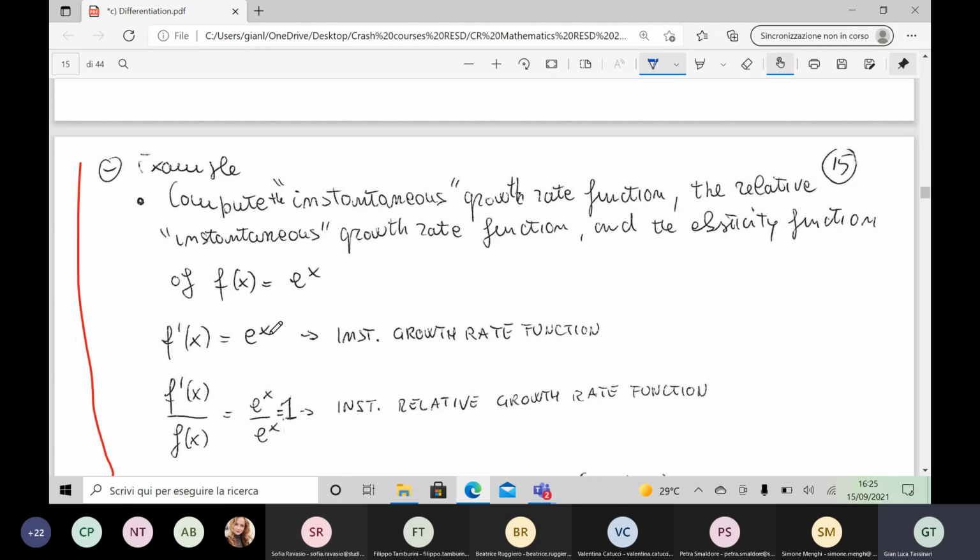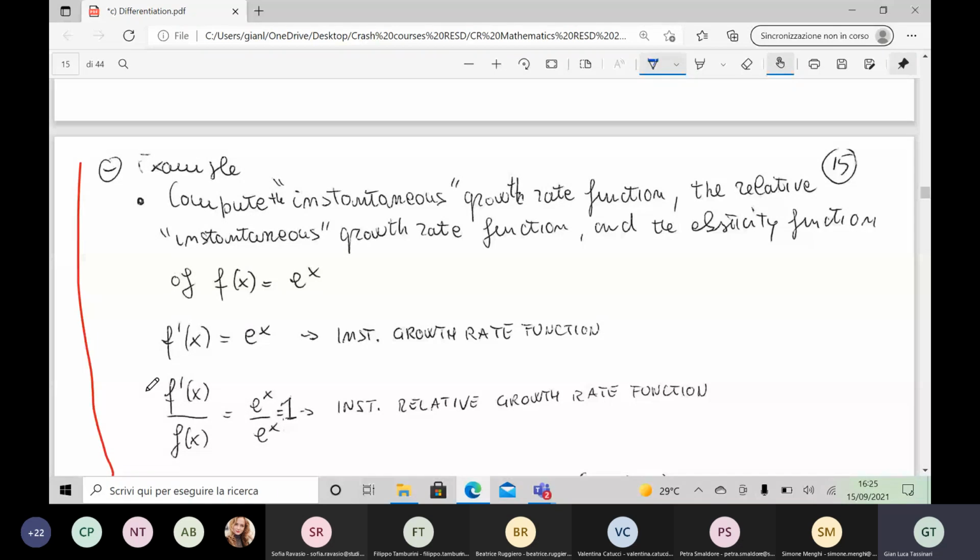Which is the relative instantaneous growth rate function? Well, the relative instantaneous growth rate at the point x0 is f prime of x0 over f of x0. I introduced this morning, okay? So since I asked for the function, I don't have to substitute a particular value. I simply have to compute f prime of x and make the ratio with f of x.